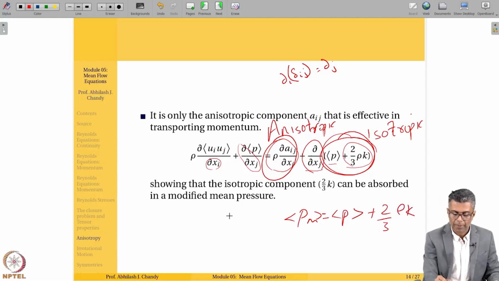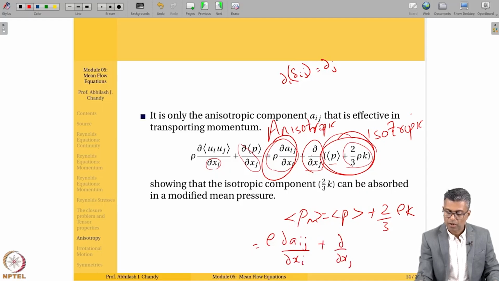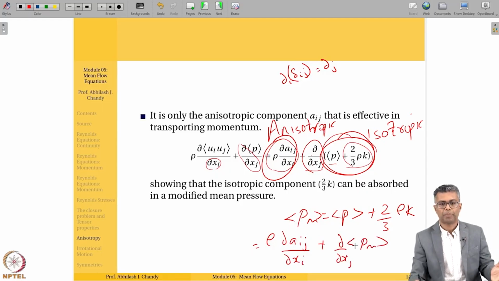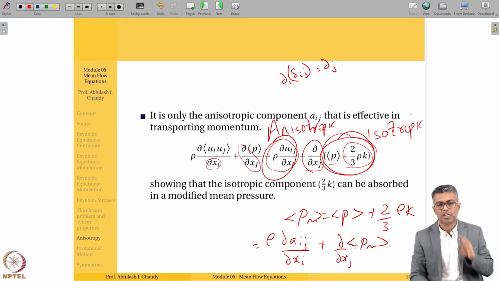So what ends up happening is this Reynolds stress term and pressure gradient can be written as rho Aij del xi plus del xj of PM mean. So what happened here? You have expressed the Reynolds stress term in terms of just the anisotropic tensor.